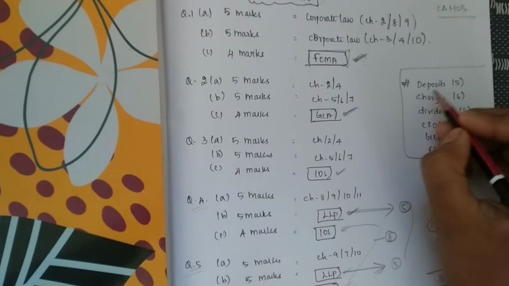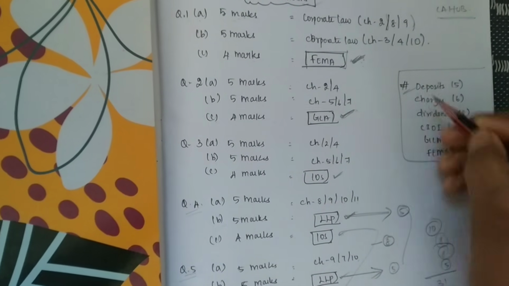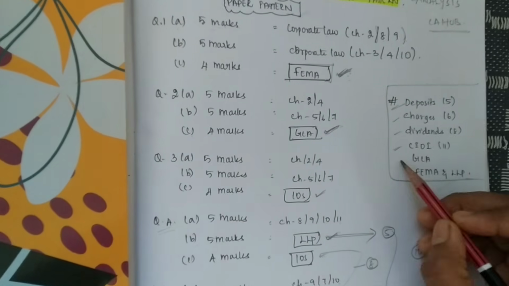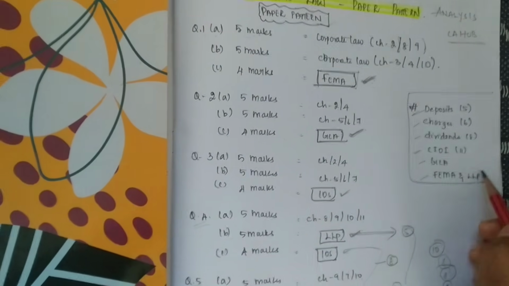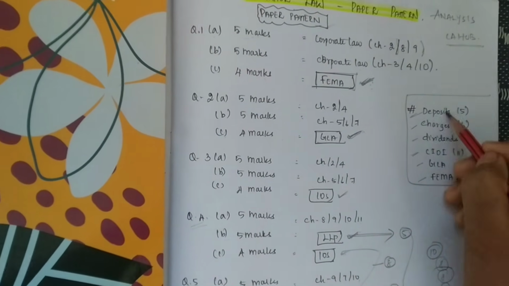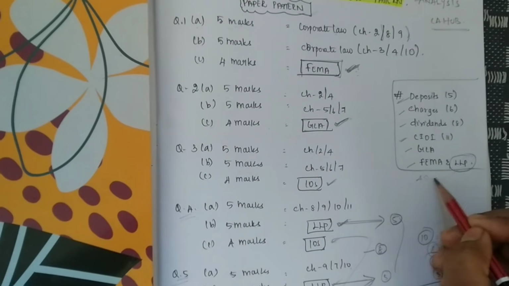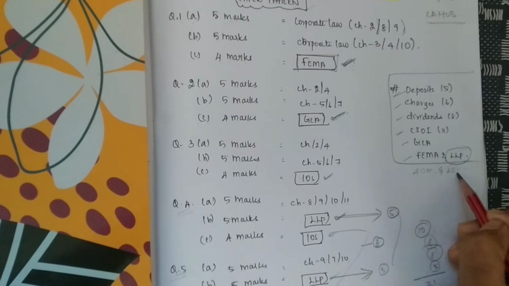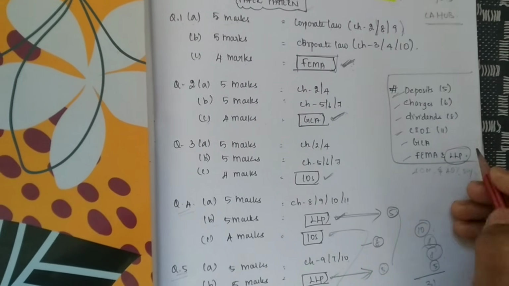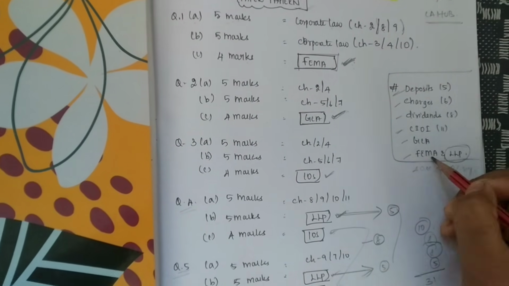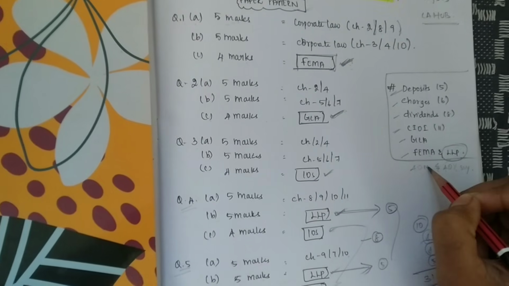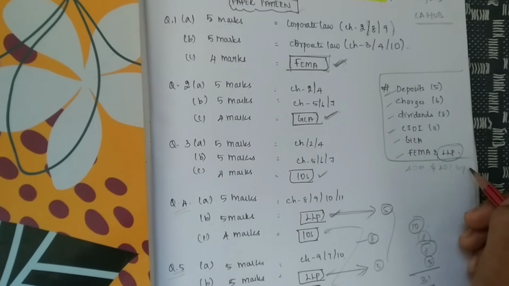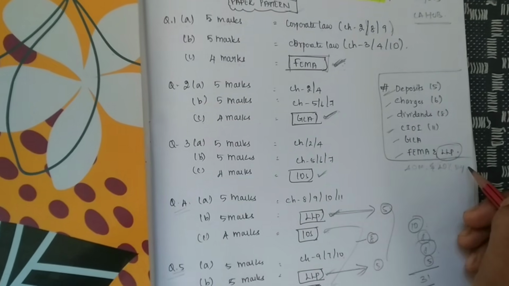Here the deposits, charges, dividends, companies incorporated outside India, General Clauses Act and FEMA, other than LLP. These chapters cover 40 marks of the question paper, and it might not be 40% of the syllabus of our CA Inter.